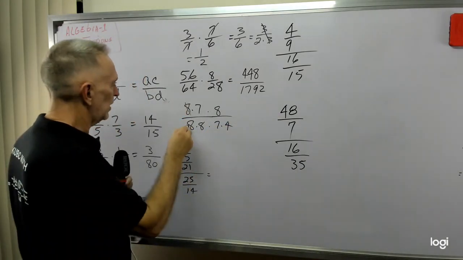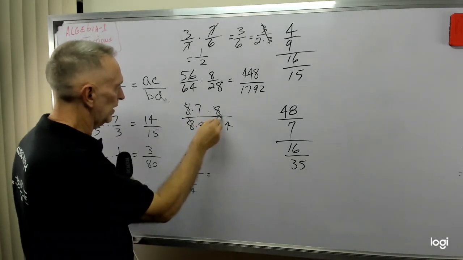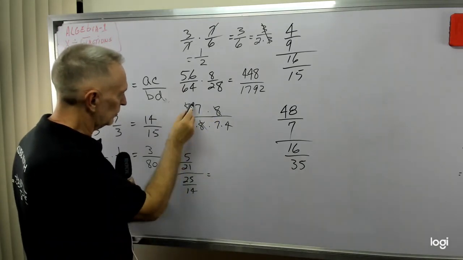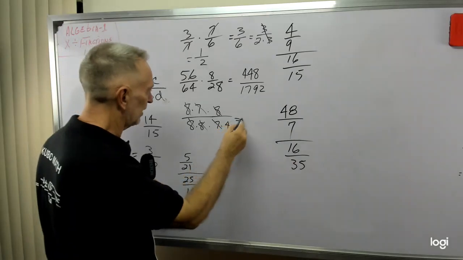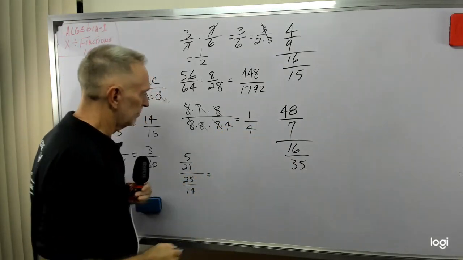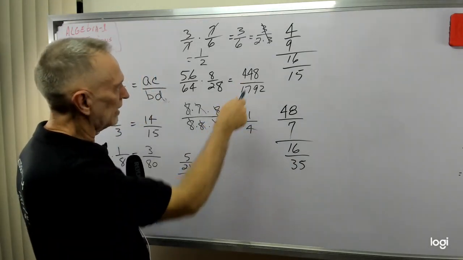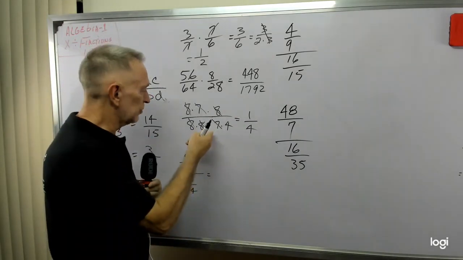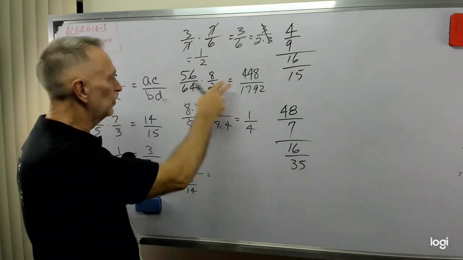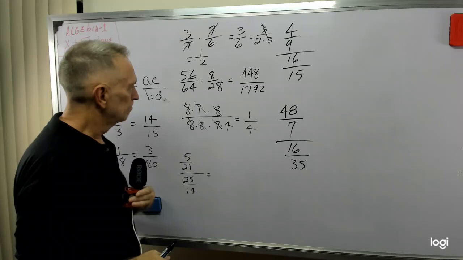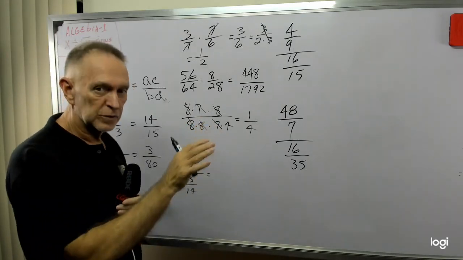So this 8 and this 8 cancel. That 8 and that 8 cancel. This 7 and that 7 cancel. And I end up with 1/4, which is exactly what that is. This certainly looks a little more simple than that. So if you can reduce, it's best to do so.